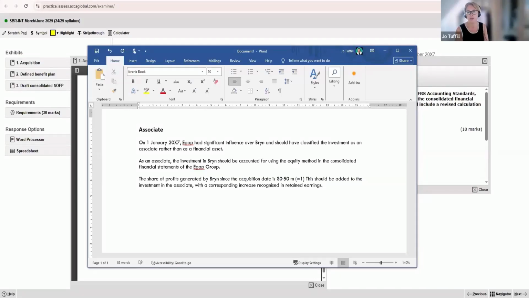As an associate, it should be accounted for using the equity method in the consolidated financial statements. And so the share of profits generated by Bryn since acquisition, and I'm going to show you how you calculate that, should be added to the investment in the associate with a corresponding increase in retained earnings. Okay, so there is the clear 3 marks going for the written part about the initial part of the investment.